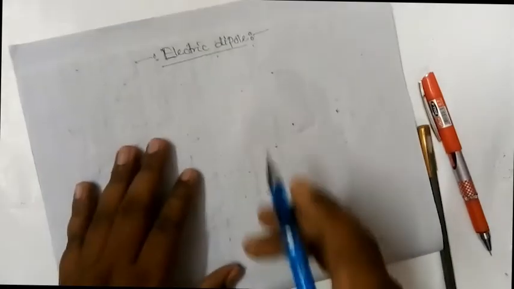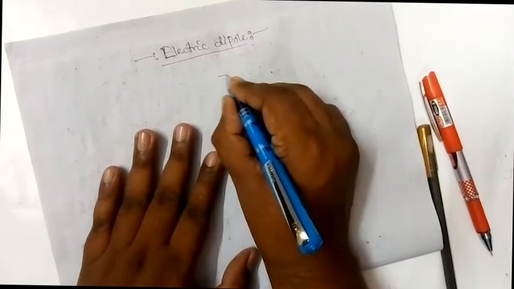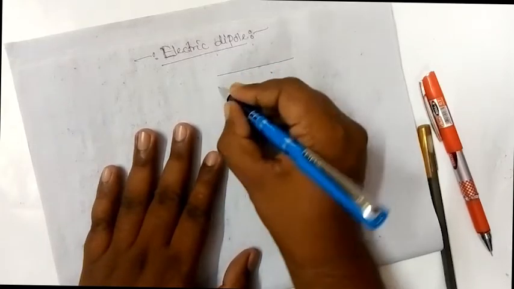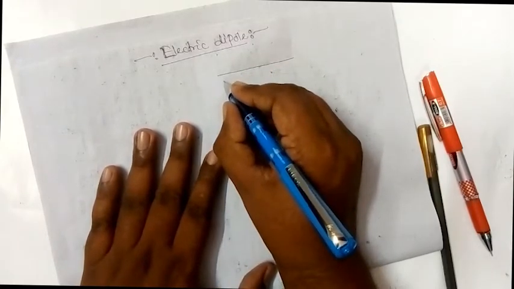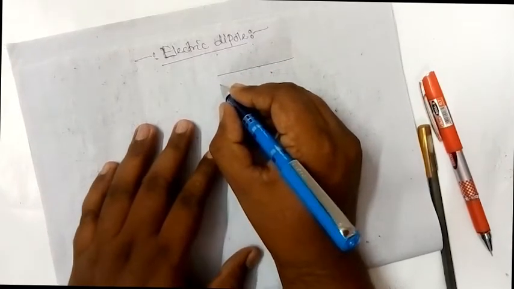Next part we will discuss today, that is electric dipole. Okay, so first I'll just make clear what a dipole is. Assume two charges whose magnitudes are the same, only the polarity is different.